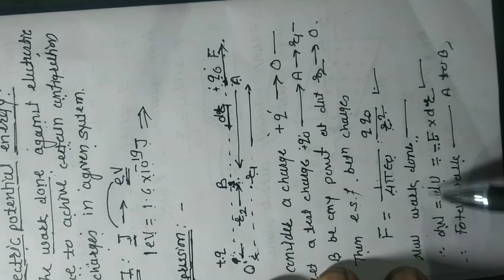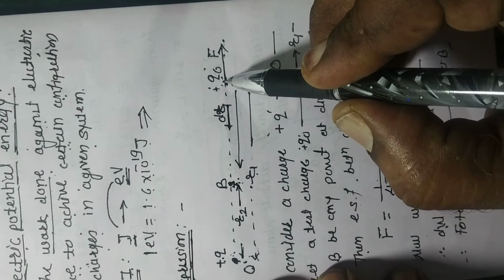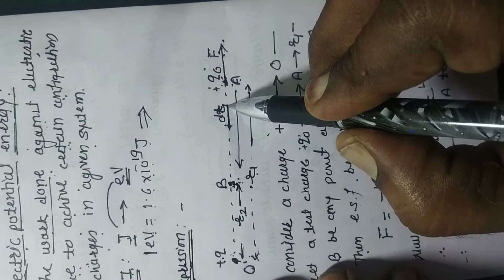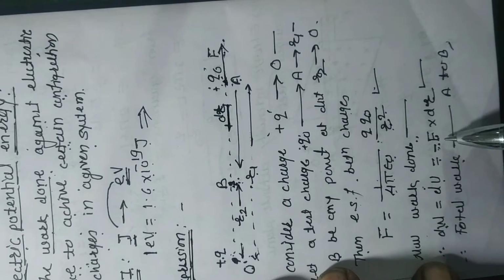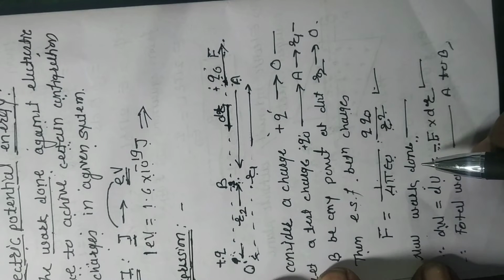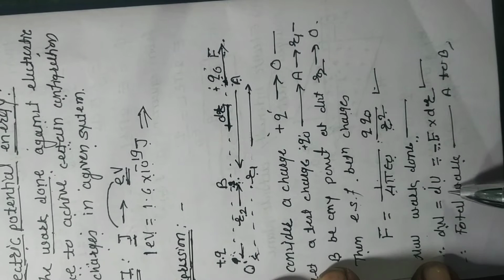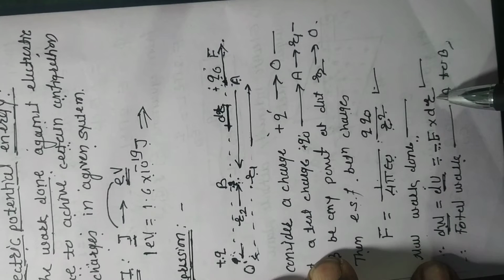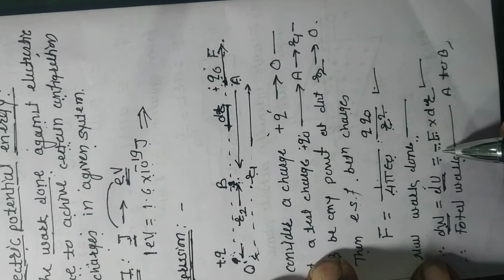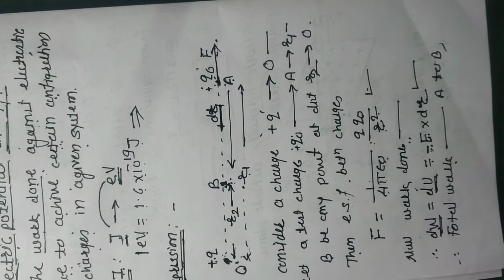Now, work done to displace charge Q naught through a small displacement dr against electrostatic force increases potential energy, which is equal to the increase in potential energy, and therefore the increase in potential energy or work is force into displacement. But this work is done against electrostatic force, and therefore we have to take the minus sign.